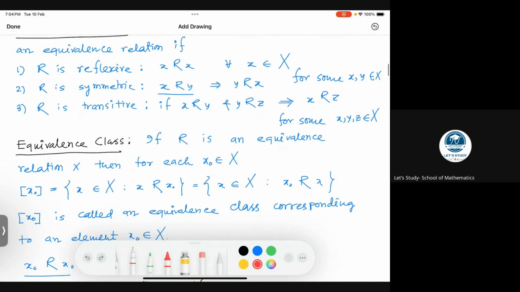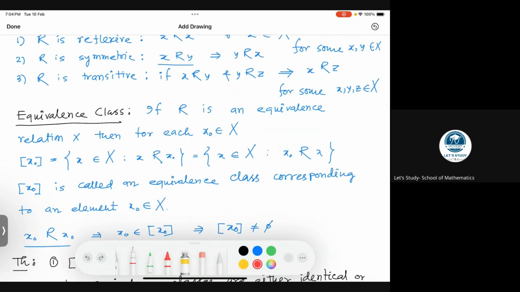Okay. What is the meaning of transitivity? It means if X is related to Y and Y is related to Z, it will imply X is related to Z. And it is also true for some X, Y, Z belonging to X. It means it is true for those X, Y, Z belonging to X for which X is related to Y and Y is related to Z. If it implies X is related to Z, then the relation R is called a transitive relation.